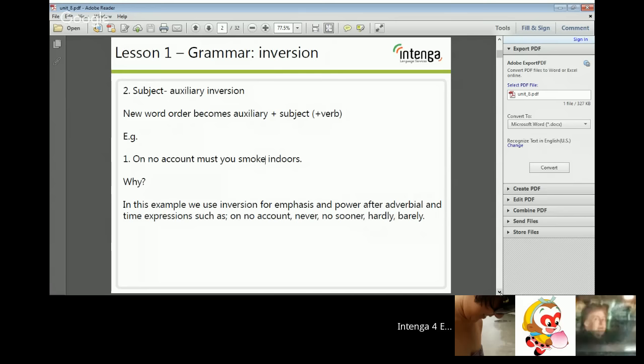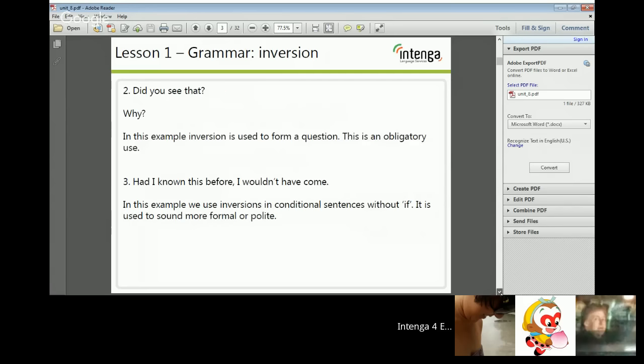There's not too many slides on this, so this is a good example. In this example, inversion is used to form a question. This is an obligatory use. We use inversion in questions. Have you thought about that?